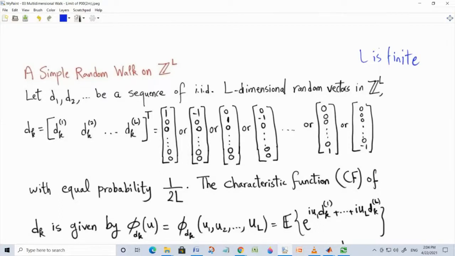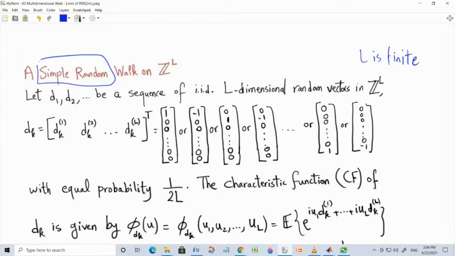We will focus just on a simple random walk, which means that your steps are equiprobable. If you move, the likelihood of moving in a certain direction is like the likelihood of moving in any other direction.